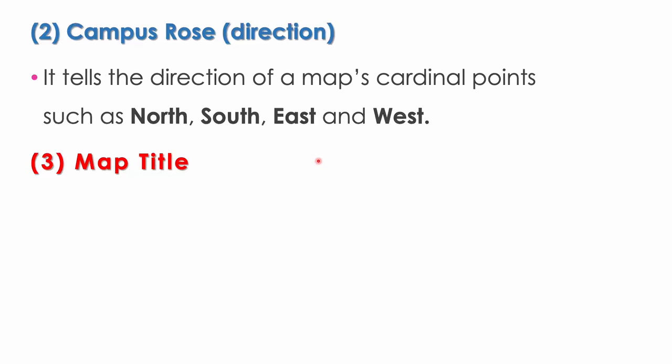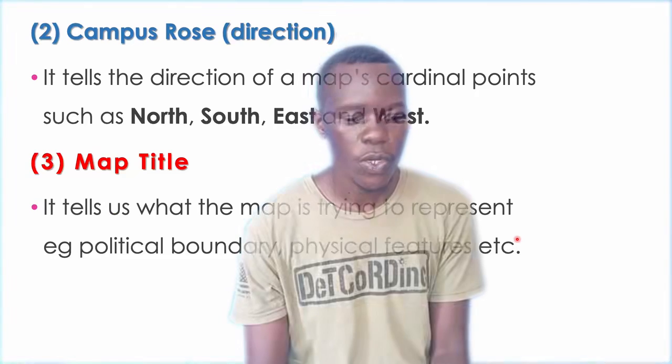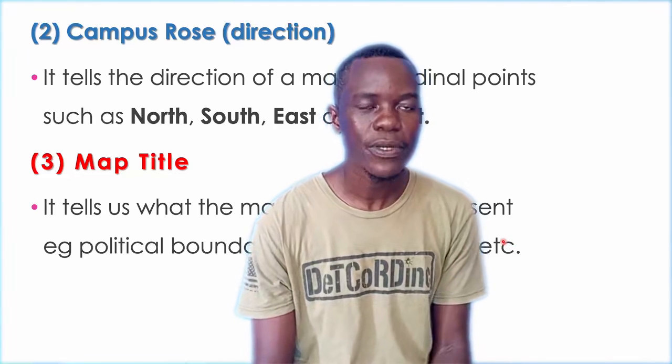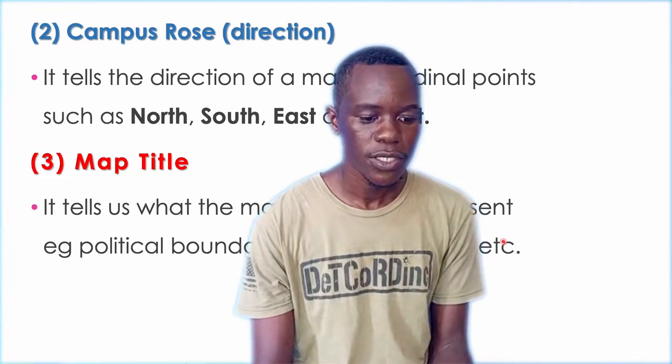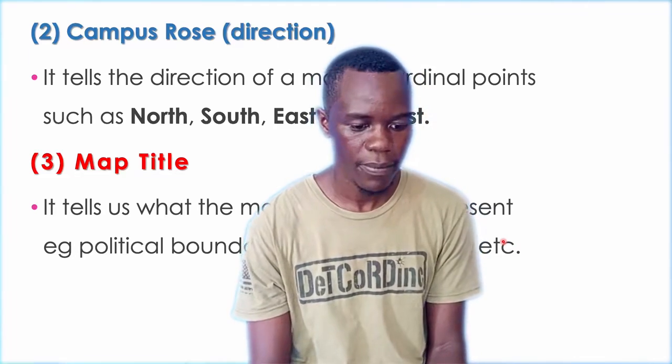The other component is the map title. A map title tells us what the map is trying to represent. In other words, it tells what the map is trying to tell us, or what the purpose of that particular map is.